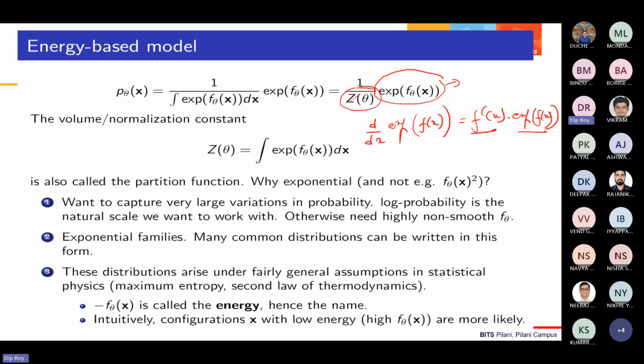This also gives you flexibility in shaping, because of the rapid growth and decay. Exponentials allow us to model sharp peaks and concentrated probabilities easily. And obviously smooth gradients, because exponential is differentiable. So this is the reason why we use exponentials a lot.